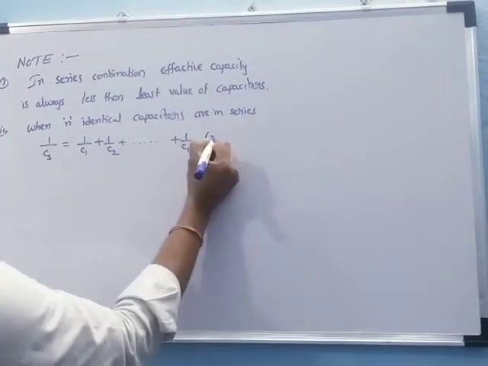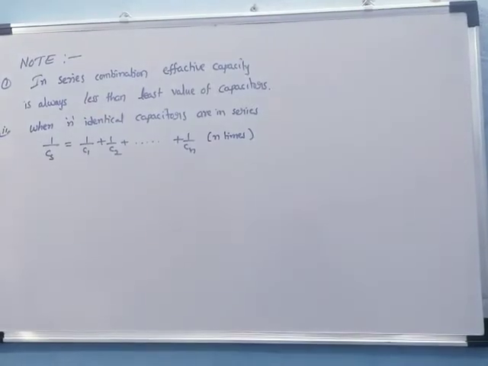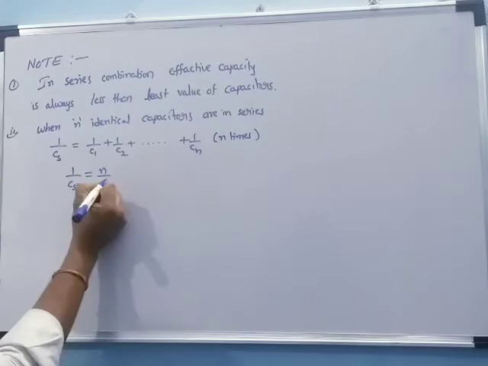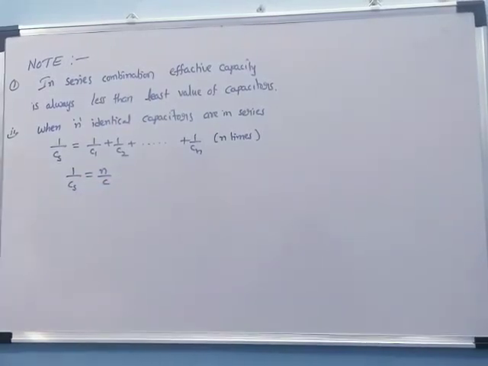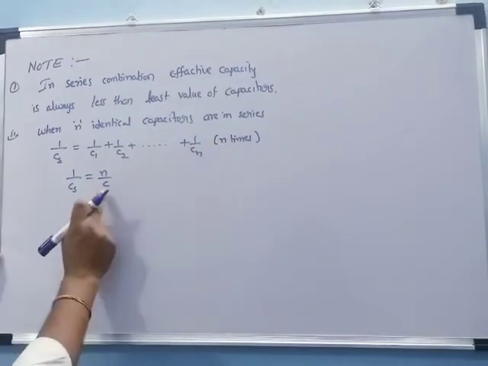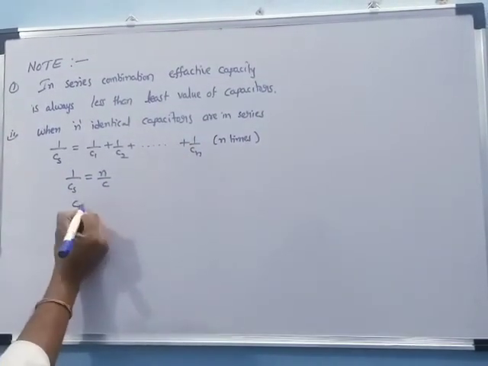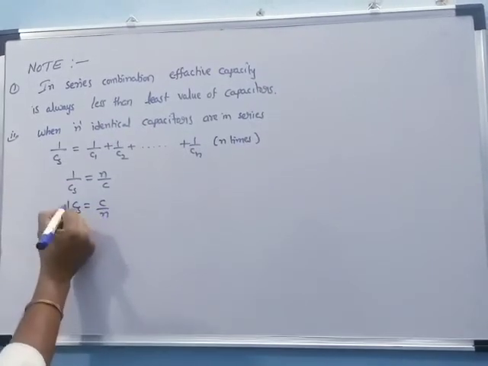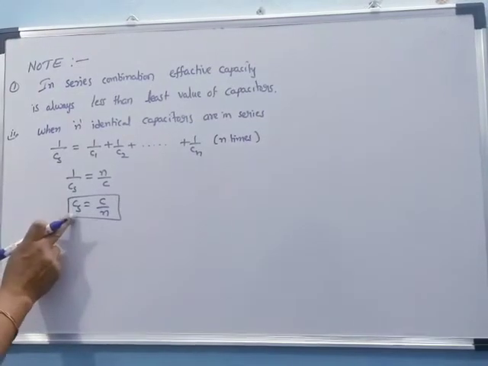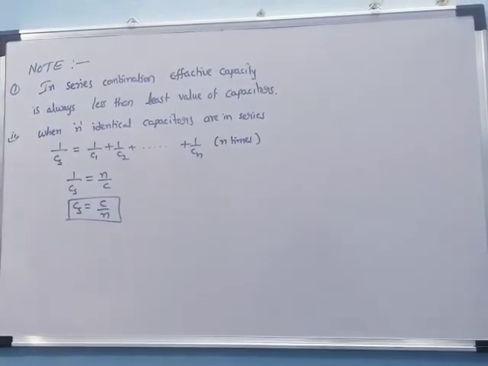Nothing but we can have it n times. How many times are there here? N times. So we can have 1 by Cs is equal to n by C, which is n times its capacitance. Then we can write Cs is equal to C by n. So in series combination, the effective capacitance formula is Cs is equal to C by n, capacitance divided by n.